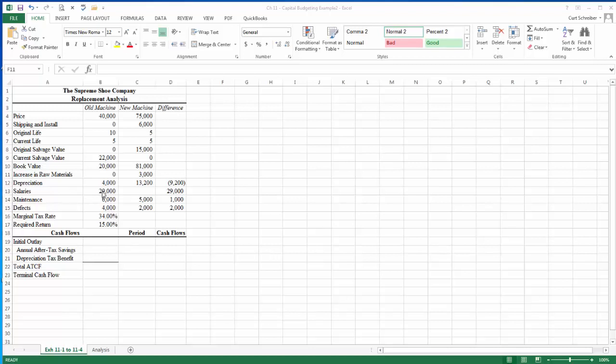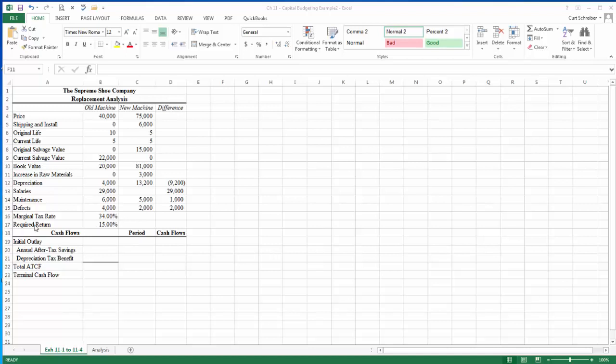The old machine requires an operator, whom we pay $29,000. The new machine is fully automated, so we're going to save $29,000 per year. Maintenance used to cost $6,000. The new machine will only cost $5,000. So we'll save $1,000 on maintenance, and we'll save another couple $1,000 on defects.